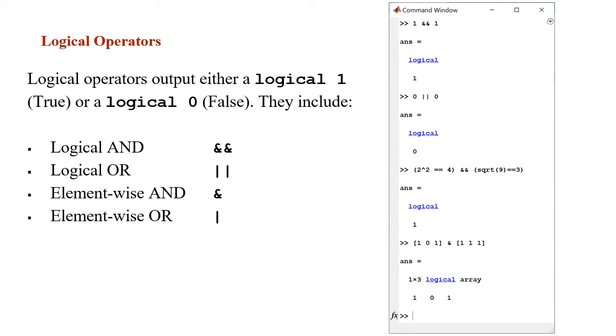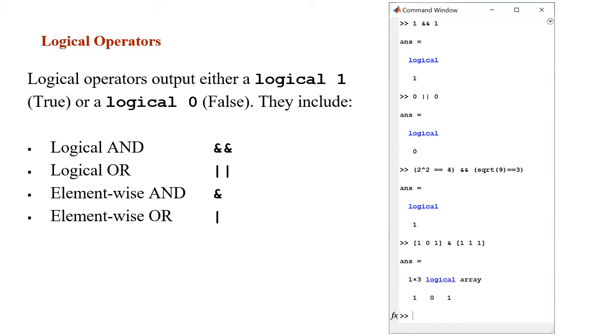In the next example, we have a combination of comparison or relational operators along with logical operators. So we're checking whether 2 raised to the power 2 is equal to 4 first, and then if that's true and the other statement, which is the square root of 9 equal to 3, if both statements are correct, MATLAB will output a logical 1.